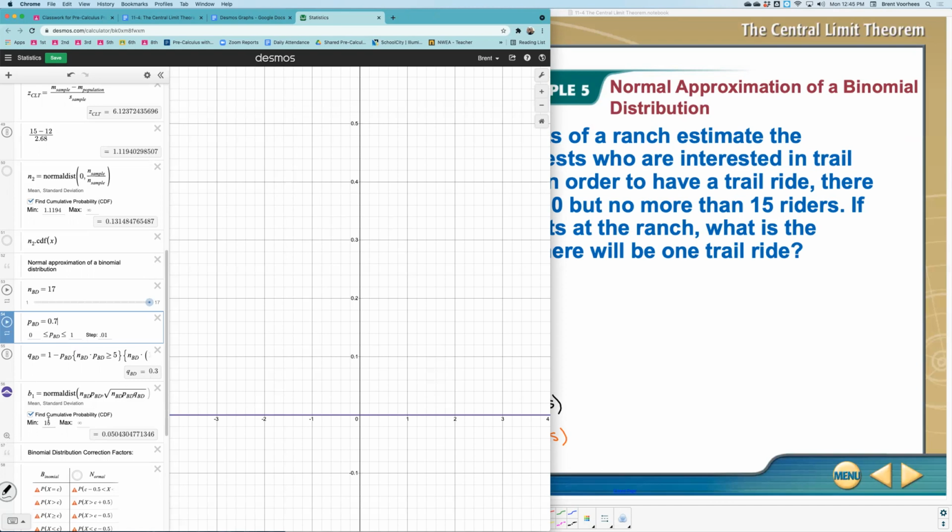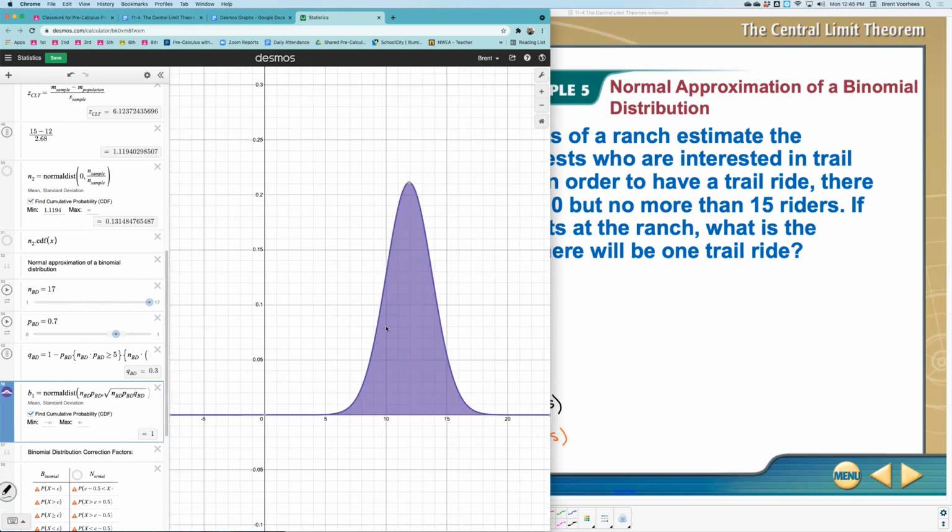Now when I look at this normalized distribution of the binomials, I want to know the probability that there are a minimum of 10 and a maximum of 15. If I put in those numbers, I get the wrong answer. 79% is not right. Why is it not right?